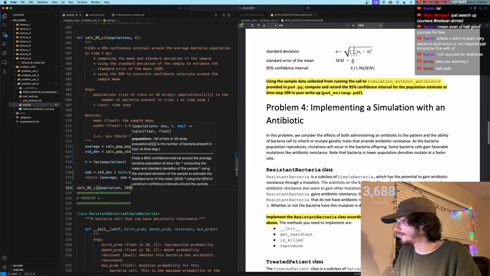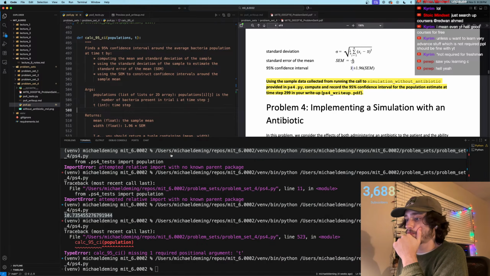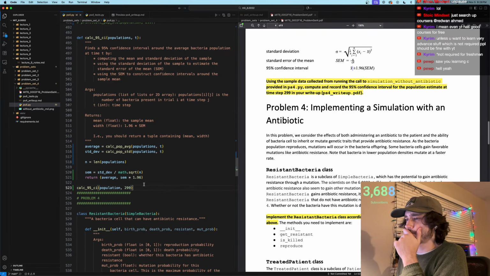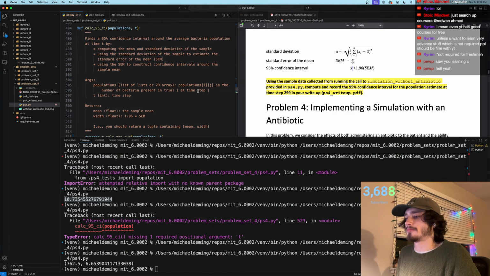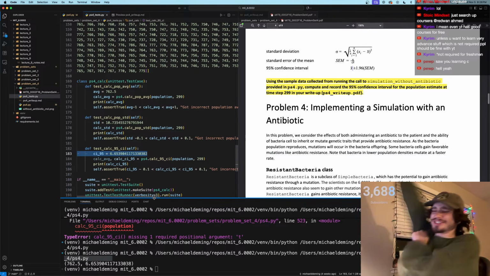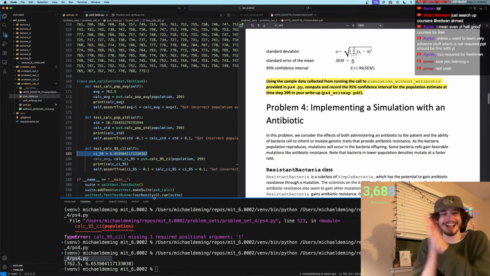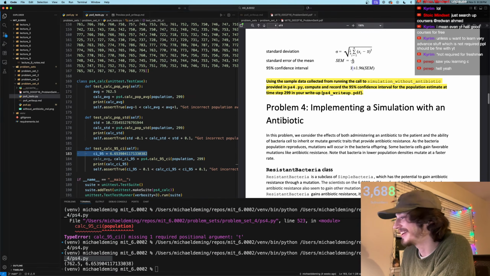Oh, we want to do 299. Oh, we're not printing. All right, let's print. Let's go. 6.65. Let's go. Nice. I am hyped about that. Let's go. All right, cool.